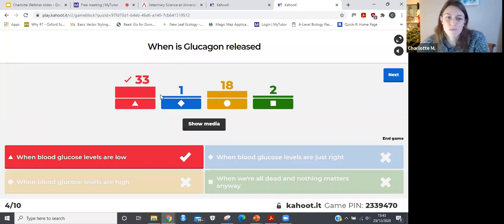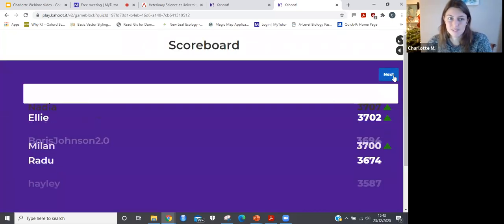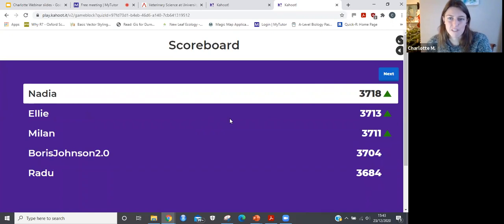Glucagon is released when blood glucose levels are low. It makes sure that the stored glucose, which has been stored as glycogen, is broken down into glucose and heads back into the blood, ready to be sent wherever it's needed. Oh, Nadia, you were very quick on that one. Ellie and Milan at the top. Boris Johnson 2.0 has gone down.